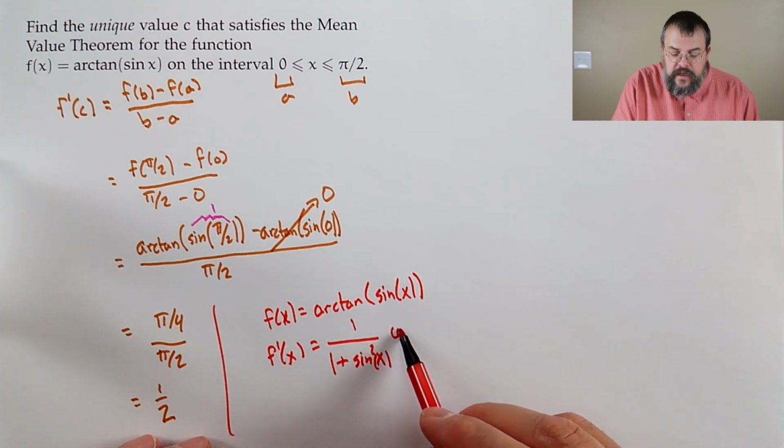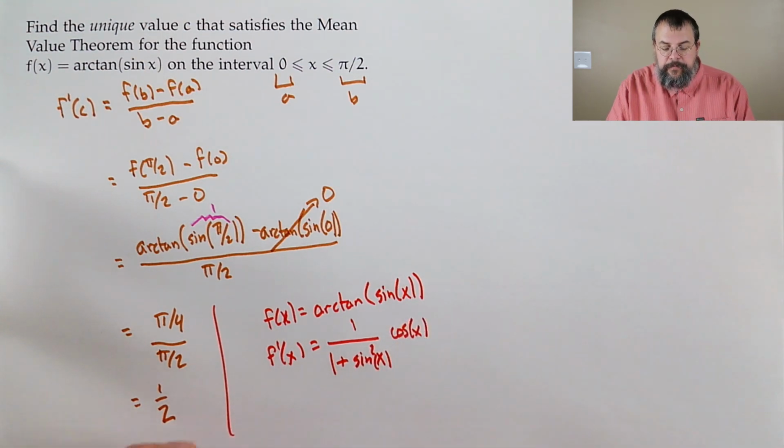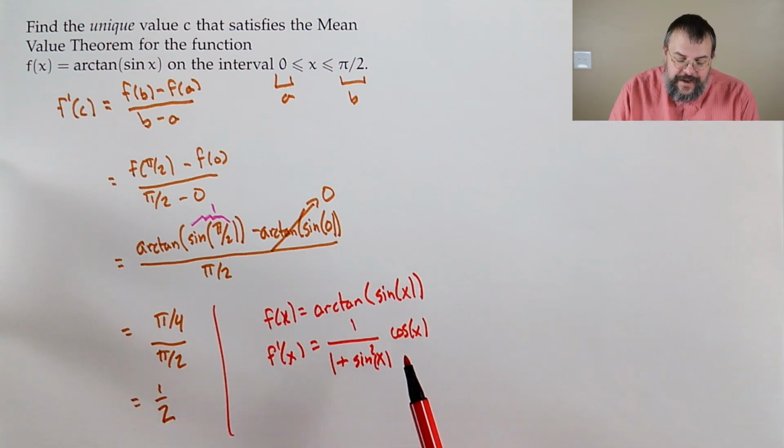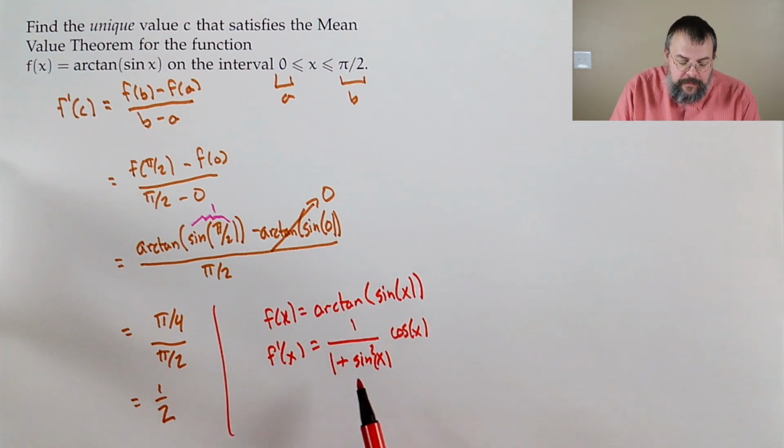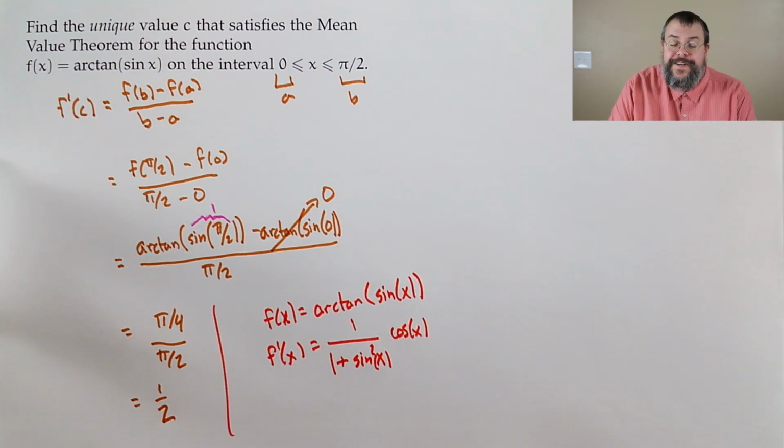Derivative of sine is cosine. All right, so we are looking for some angle x, where when we plug that angle into here, it gives us 1/2. Well, there's not really a clear candidate, so we're going to have to keep working on it.